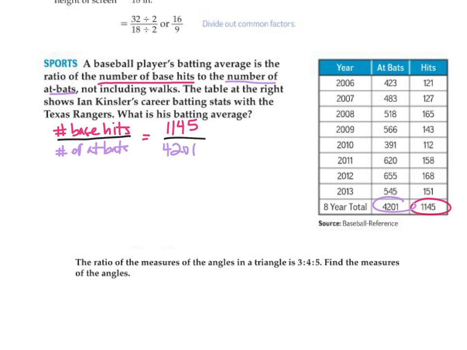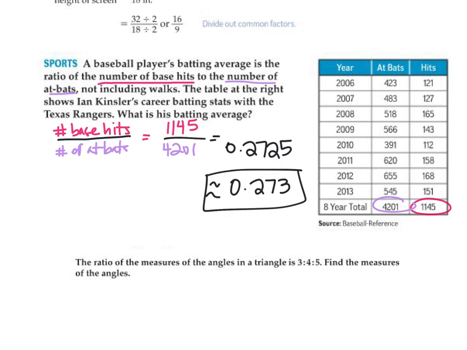All you have left to do now is just to reduce that fraction. So 1145 divided by 4201 is 0.2725. Okay, when you have a batting average, typically it's just written as 3 decimal places. So his batting average is about .273.